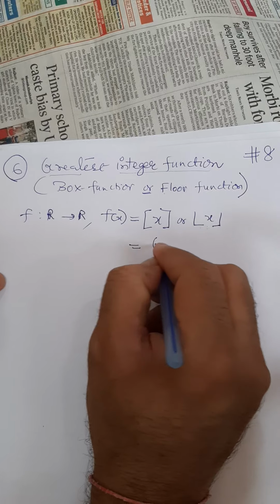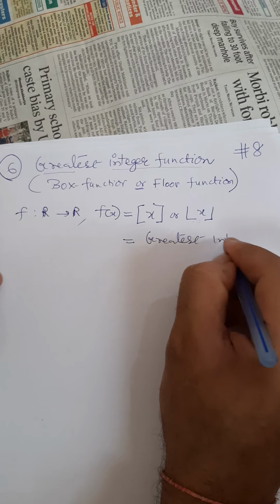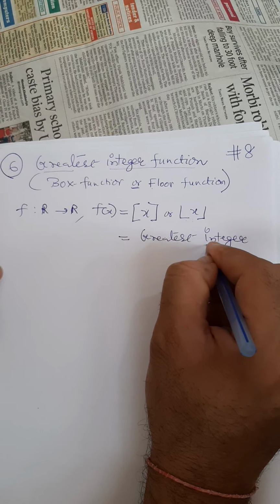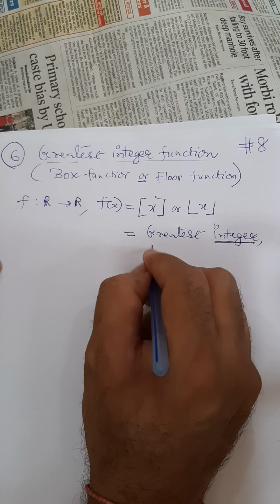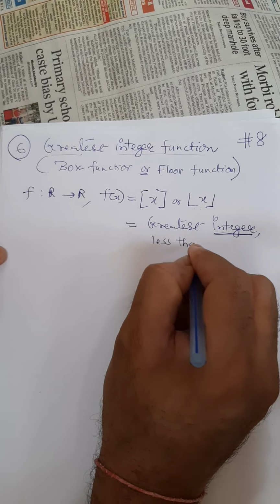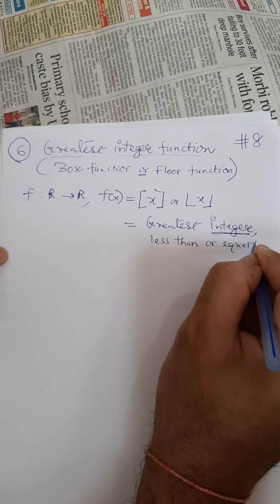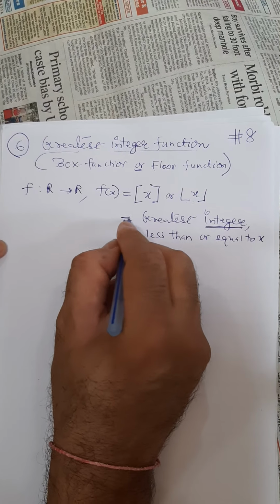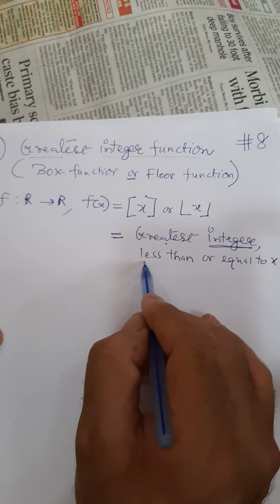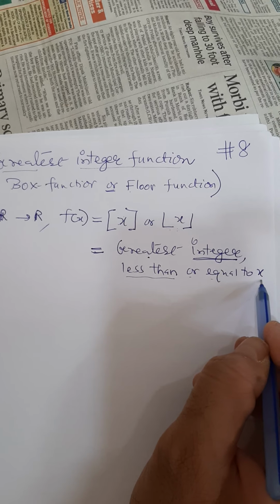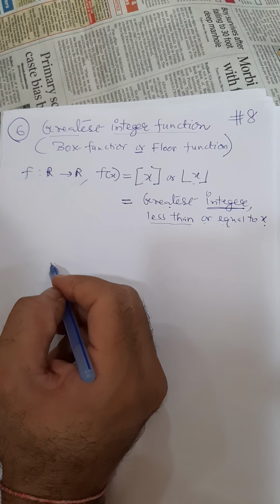The definition is greatest integer. So the answer will always be an integer, like 1, 2, 3, 4. The greatest integer less than or equal to x. This is the definition of the box function or floor function. It's called the floor function or greatest integer function.